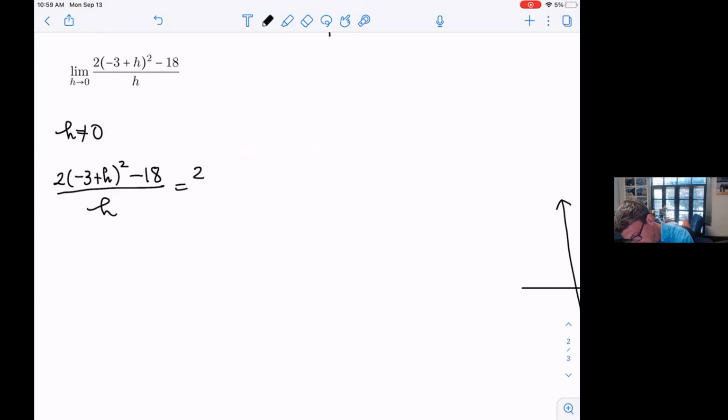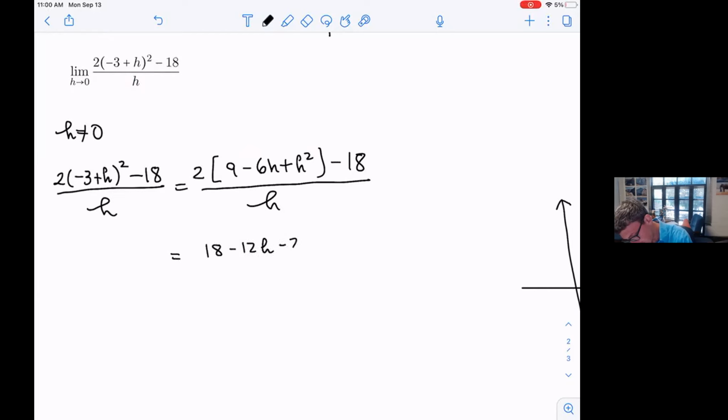So if I work this through, I get 9 minus 6h plus h squared, 18. I'm going to write an equal sign because everything's equal to what I'm about to write. And then I'm going to cancel the 18s. Oops, I made a mistake with the sign.